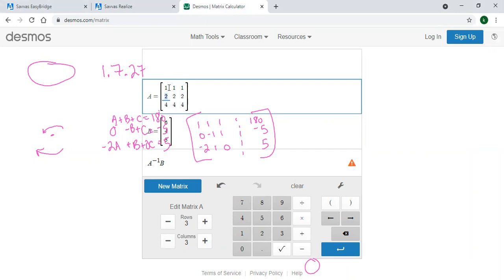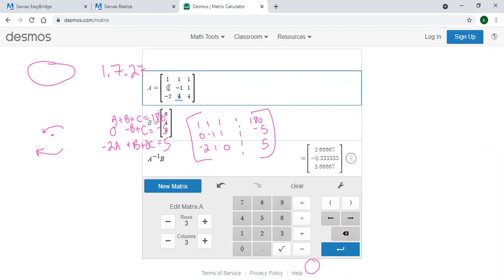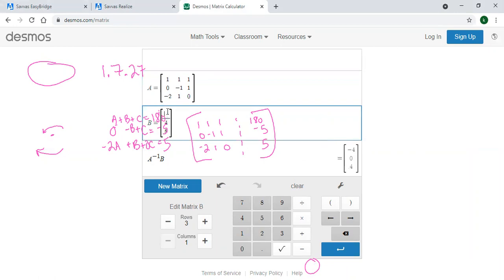1, 1, 1, 0, negative 1, 1, negative 2, 1, 0. All right, and my answer matrix here was the 180, negative 5, and 5.